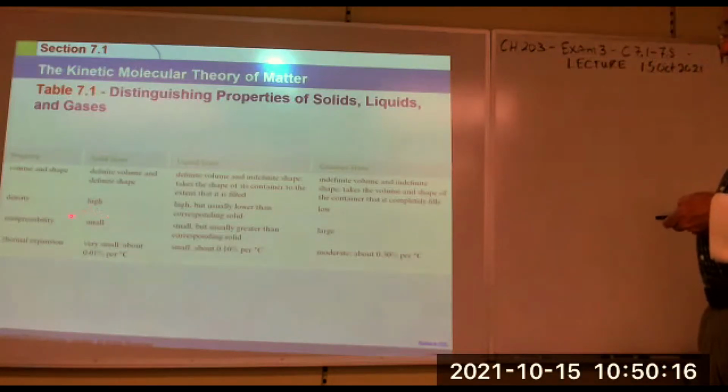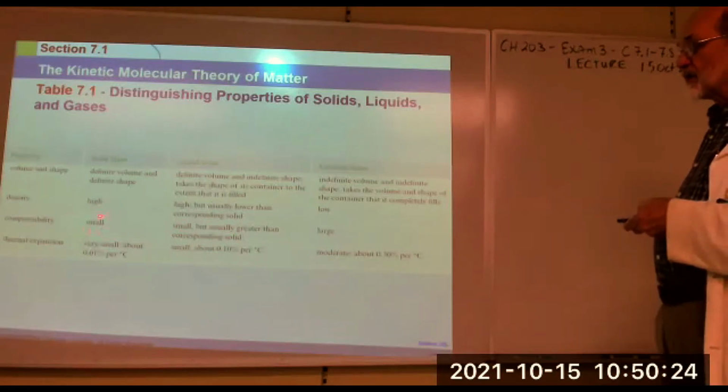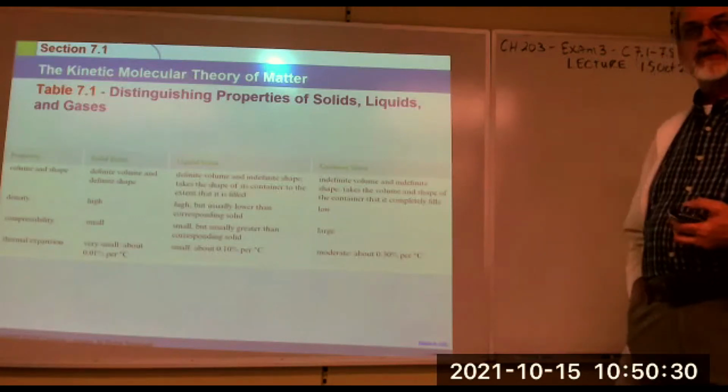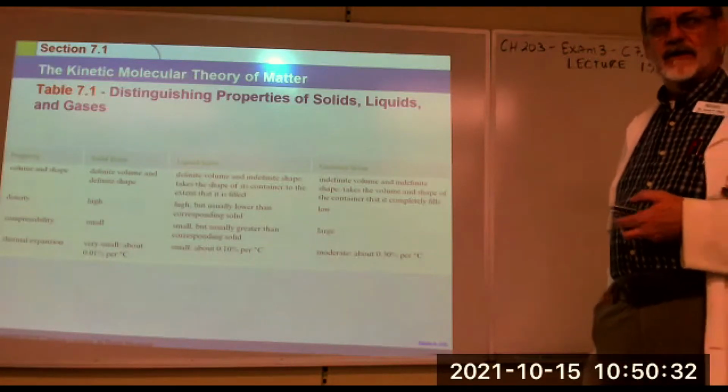Compressibility is, like I mentioned, small for solids, small for liquids, and for all intents and purposes, solids are incompressible. I suppose under extreme conditions, you can get them to compress.